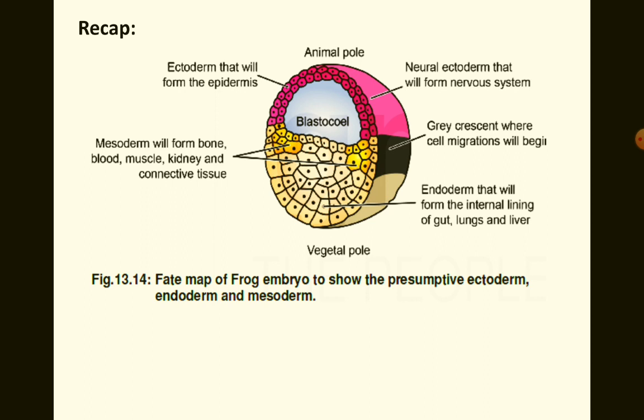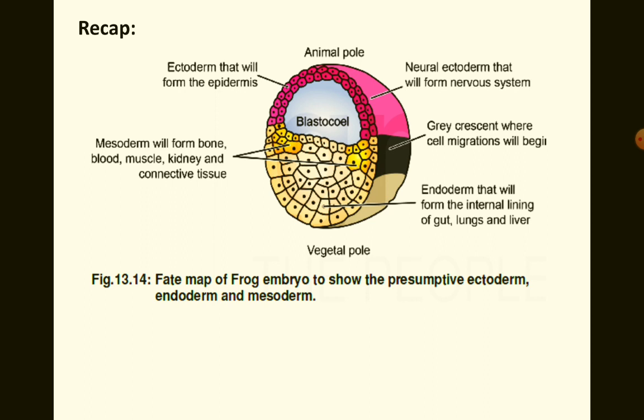And from the gray crescent or the marginal zone, it is from this region that the blastomeres start invaginating, or start moving inside the blastula, so that they can convert this blastula into a three-layered gastrula at the end of the process.